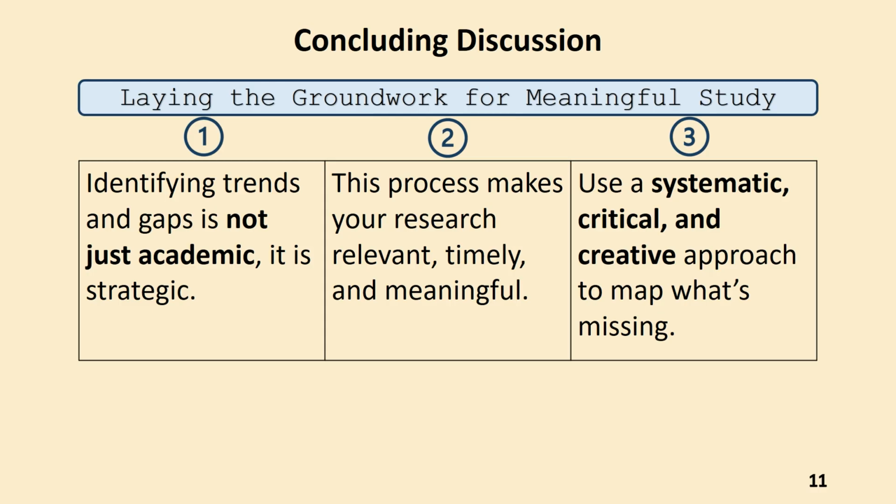Use a systematic, critical and creative approach to map what's missing. Mapping is very important. There will be several pins that you identify in a research: these are the problems, these are the gaps, these are the things that I have identified and I want to move further.